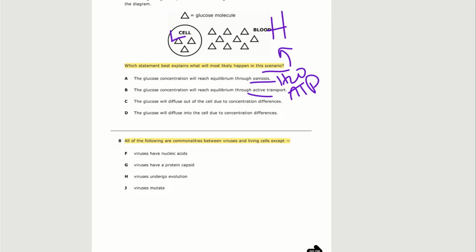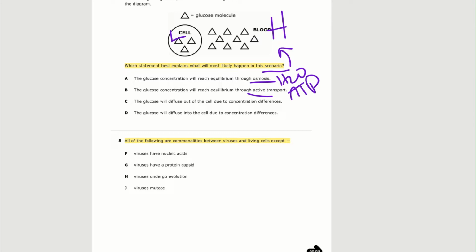Does it say anything about that? No, guys, hello. And what else? It's low to high. So low to high means it's going to go from little to more. So that would not be isotonic anyway, or equilibrium. It would be less inside and more outside. You all see that on the picture above?